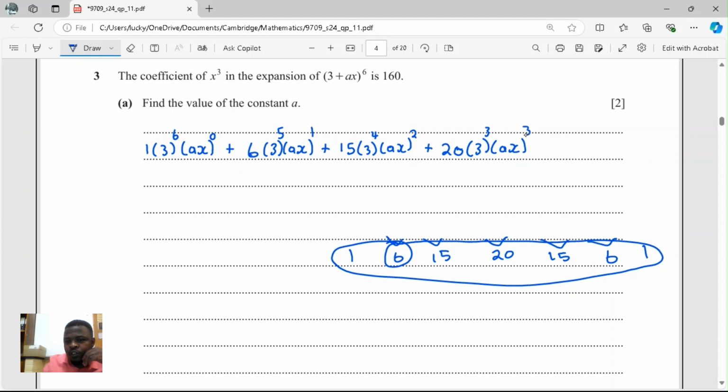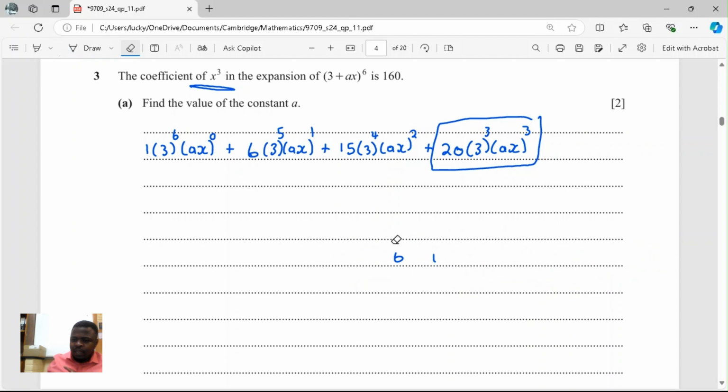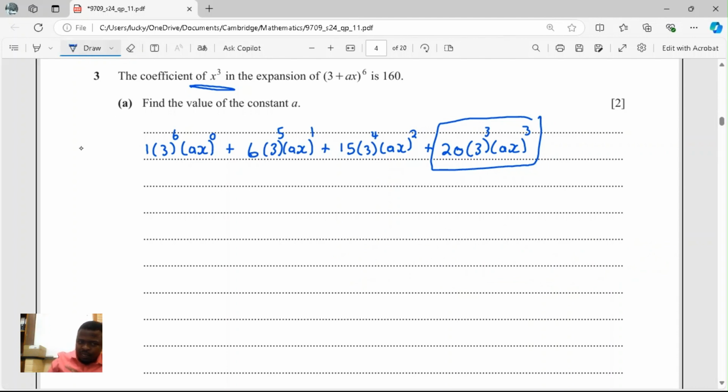I need to stop here because the question spoke about the coefficient of x cubed. All I need is this, because this is where I will find my x cubed. Everything else will be x to the 4, x to the 5, and x to the 6. So I will stop there and do my working out from here.